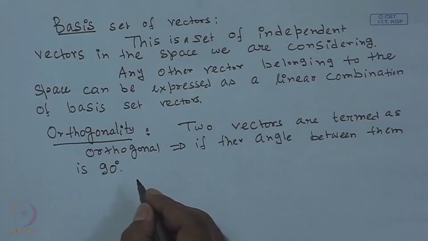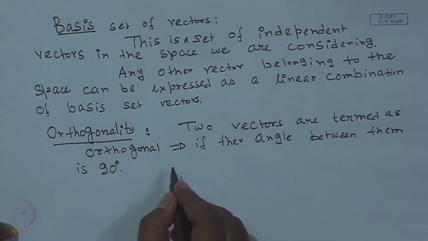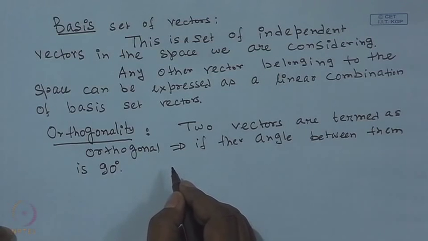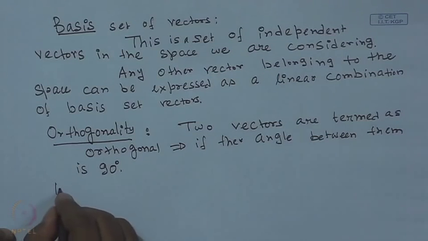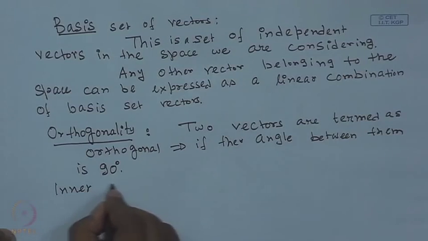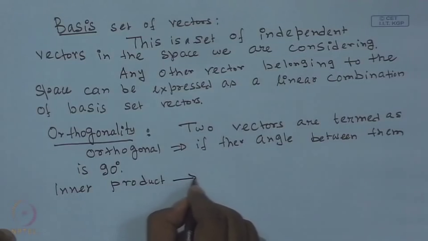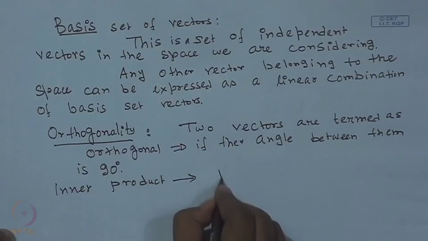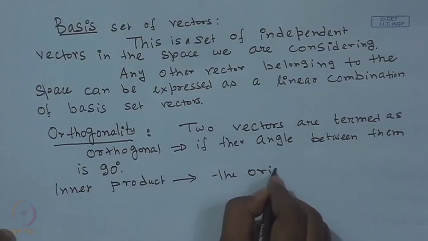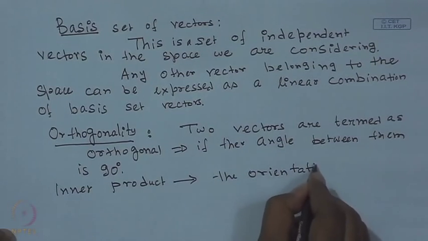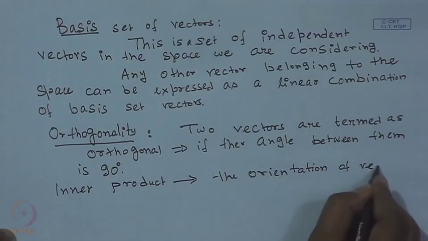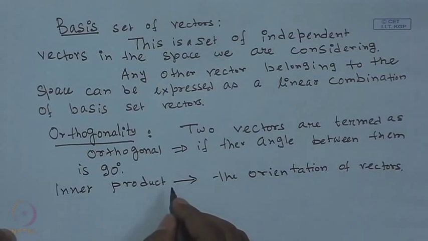In other words, the property of vectors that indicates the orientation of two vectors is the inner product. So this has a direct implication for the inner product of the two vectors, because the inner product indicates the orientation of vectors. And if you remember, the inner product is nothing but the dot product of the two vectors.